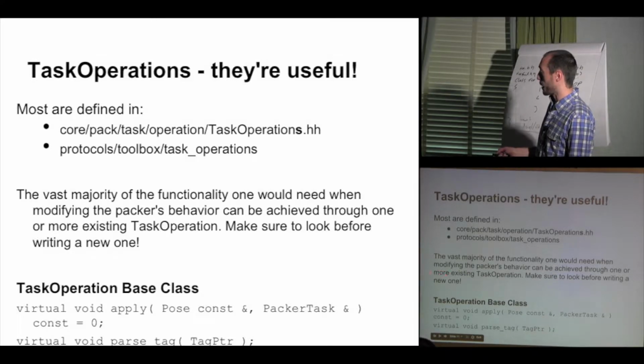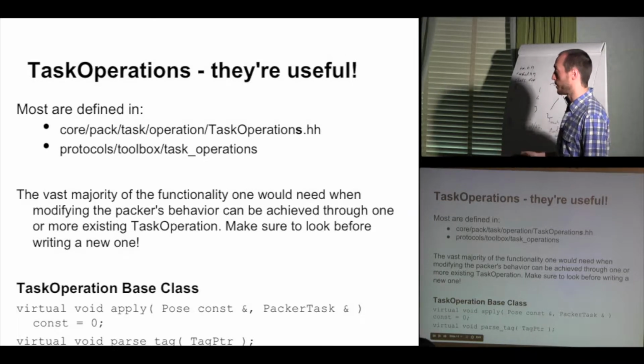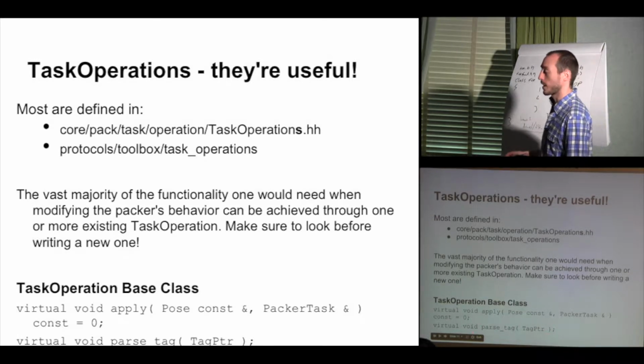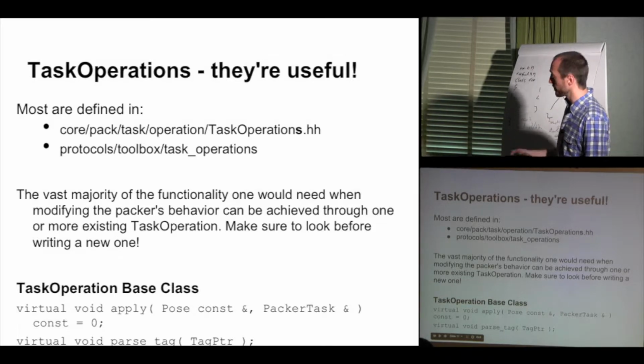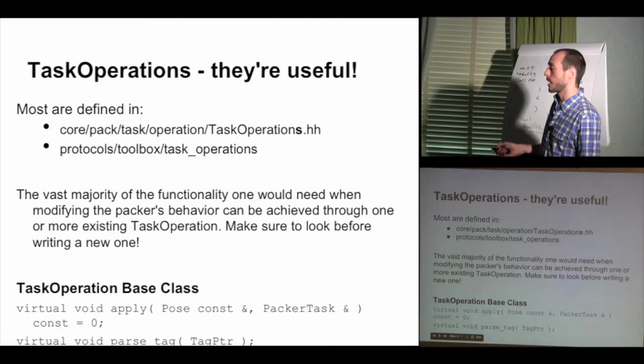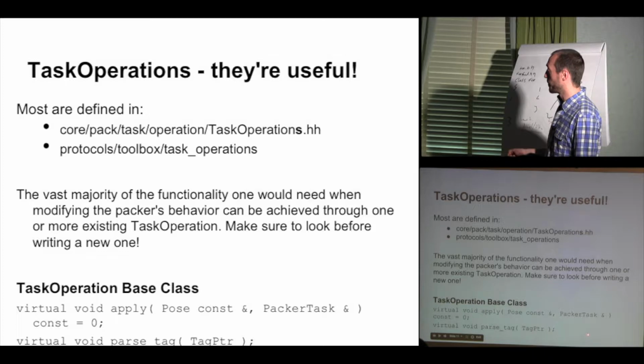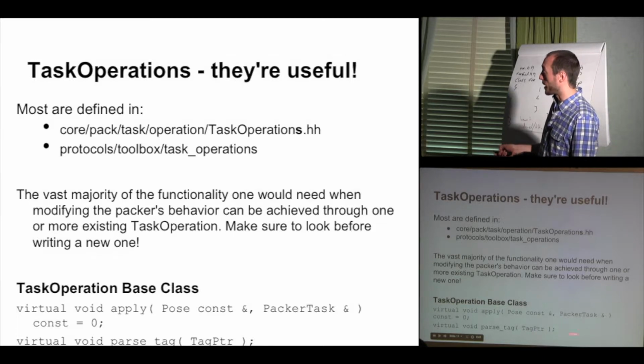And so the task operation base class is pretty simple, and the core functionality is boiled down to two functions: an apply and a parse tag. And this simply allows you to use this task operation with Rosetta scripts, similar to a parse my tag that a mover would have. So apply, as I mentioned before, takes a pose and a PackerTask. Because a PackerTask doesn't have access to a pose, and thus doesn't have access to a conformation by itself, apply takes both of these.